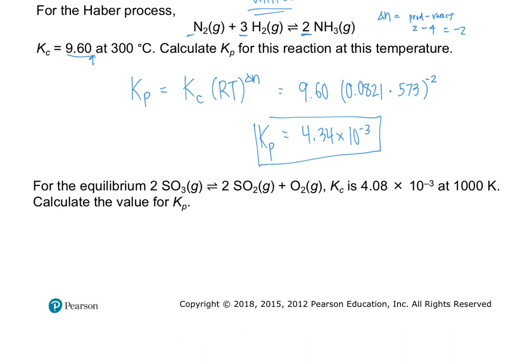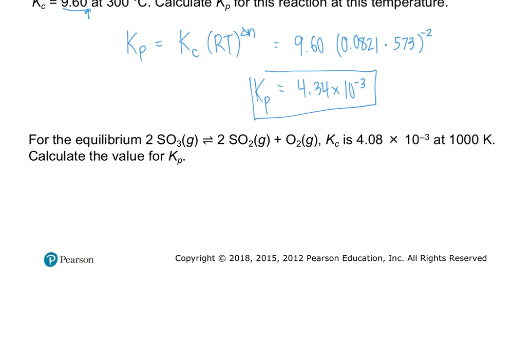Great. Okay, for this last one, we have an equilibrium of sulfur trioxide going to sulfur dioxide and oxygen. Kc is 4.08 times 10 to the -3 at 1,000 Kelvin. So finding Kp, once again, Kp equals Kc times RT to the delta N. So we'll plug in our Kc, 4.08 times 10 to the -3 times RT.